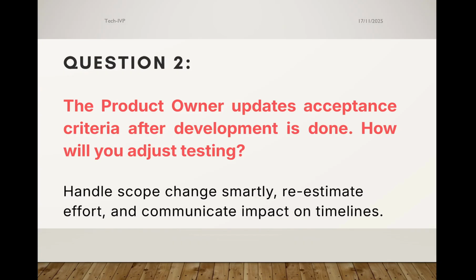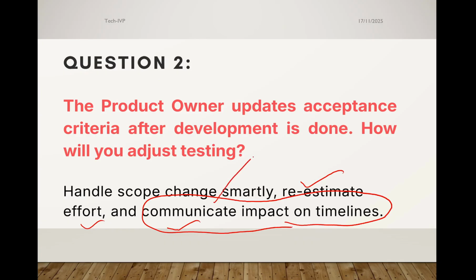You can say that you handle scope changes smartly, re-estimate efforts and communicate the impact on the timeline. Whom to communicate with? The product owner. You have to communicate directly with the product owner.